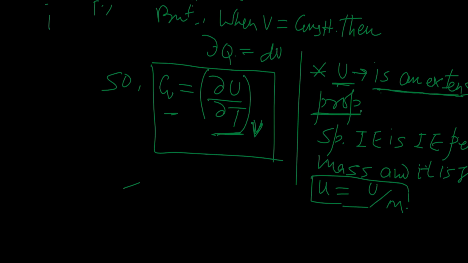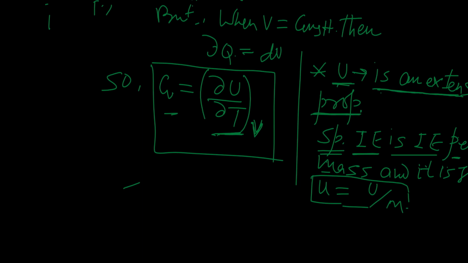And when we define U for a unit mass of the system, then that value of U is called its specific value. A specific internal energy is internal energy per unit mass.